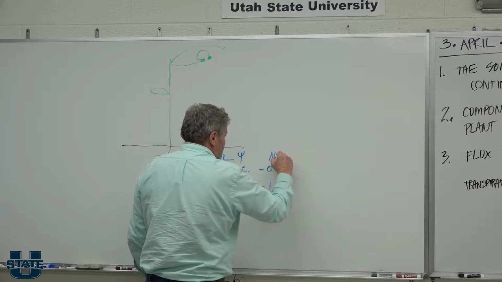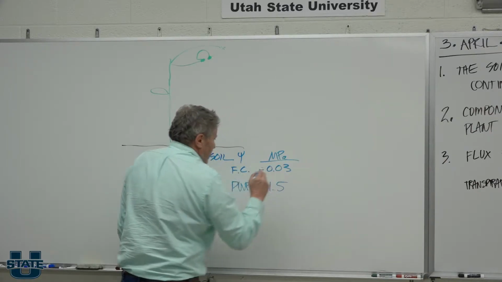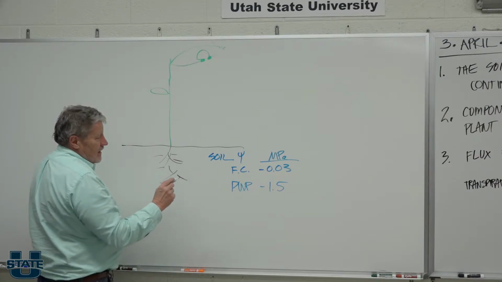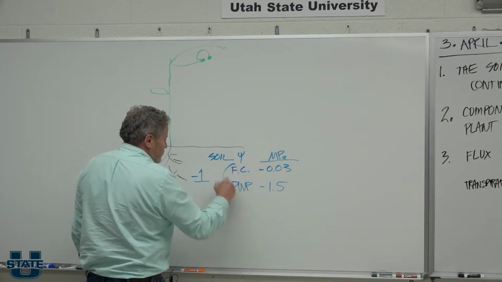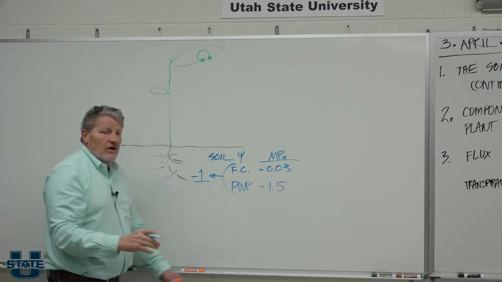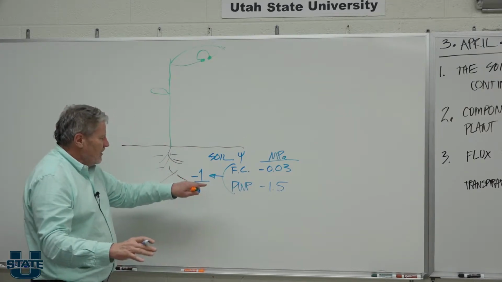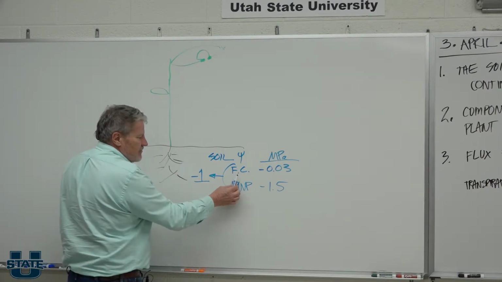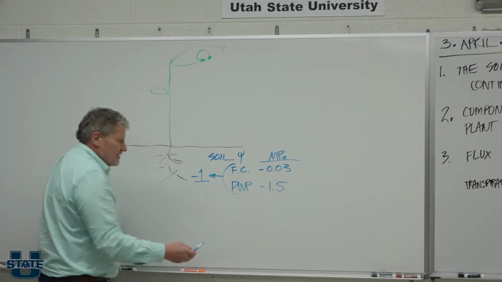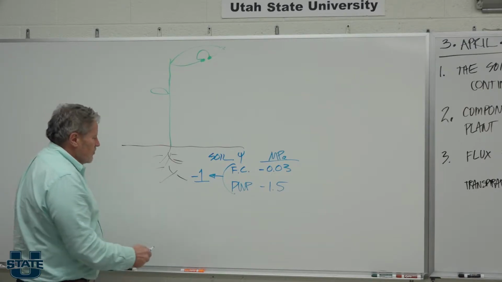These are units of megapascals. All right. If we take an average of -1, a nice round number, this is a nice starting point for water in the soil. It's not soaking wet, it's not completely dry, it's just -1.